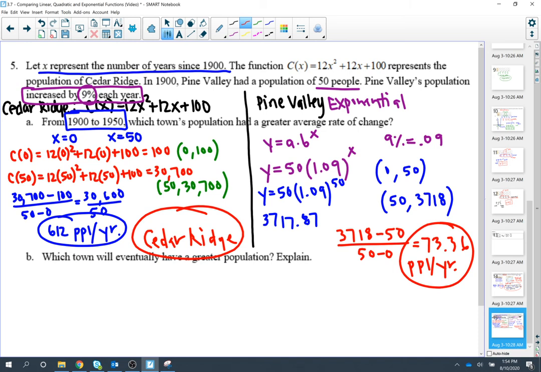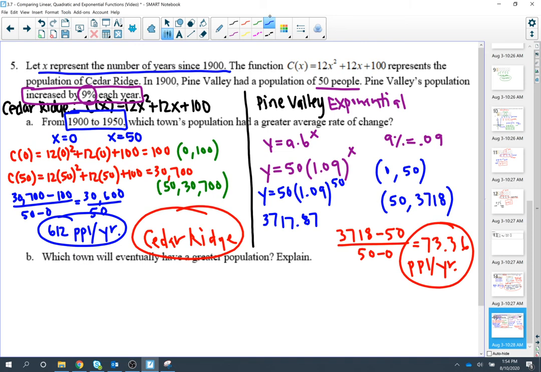Letter B. Which town will eventually have a greater population? Explain. What we need to know here is the difference between Cedar Ridge, which is quadratic, and Pine Valley, which is exponential. We discussed this early on in the lesson, that eventually exponential is going to outgrow any other graph.